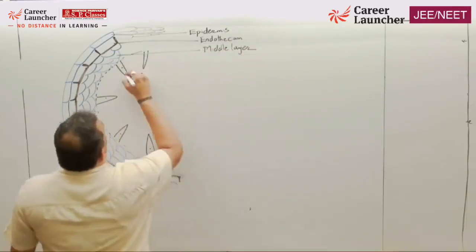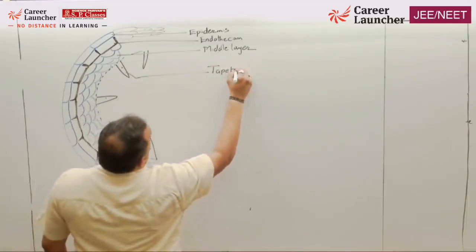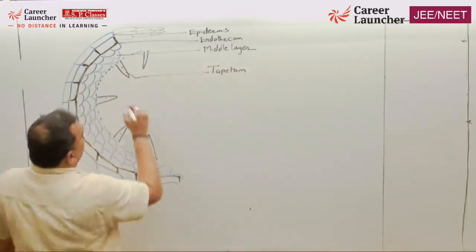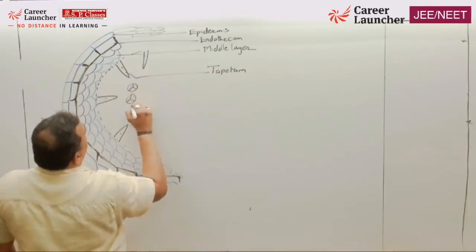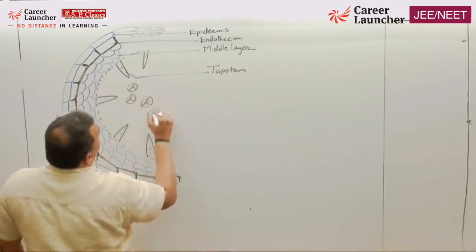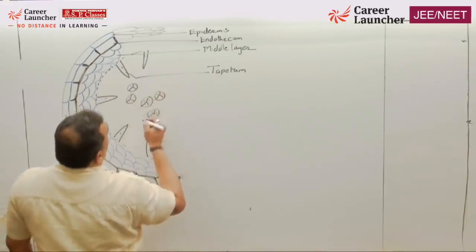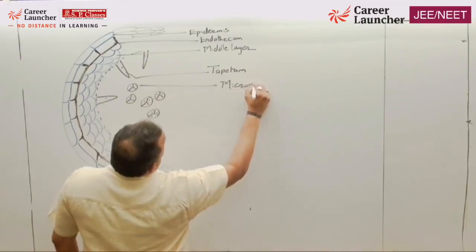And the innermost layer is called tapetum. Inner to that there will be microspore mother cells which will undergo meiosis and will keep on producing microspores. So these are microspores.